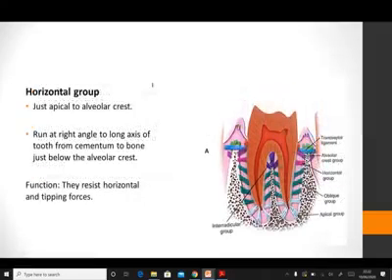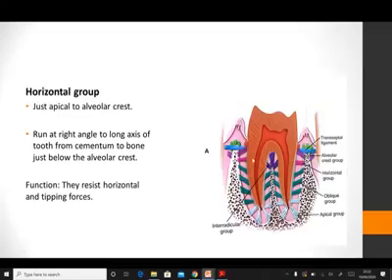Then moving to the second group, the horizontal group. This group is present just apical to the alveolar crest, and it runs at a right angle to the long axis of the tooth from cementum to the bone just below the alveolar crest.